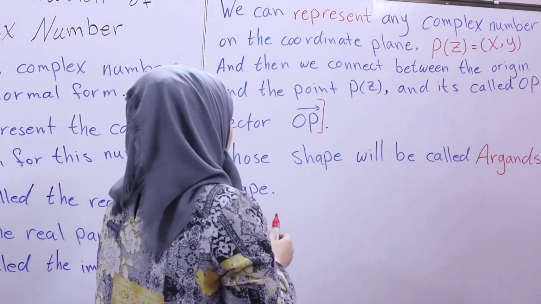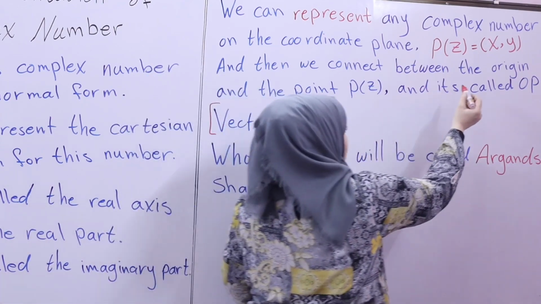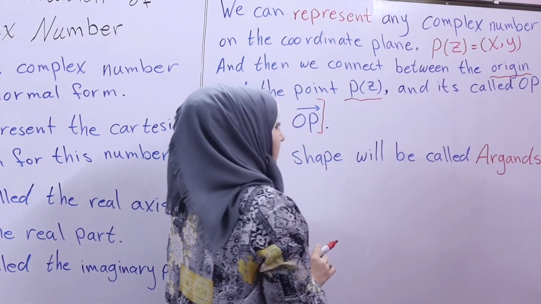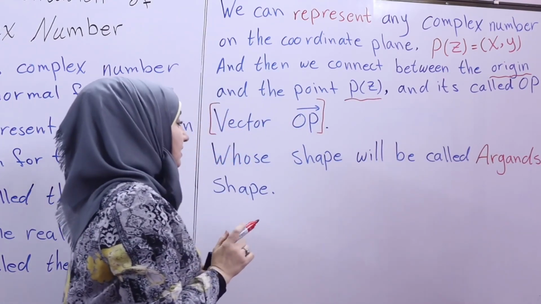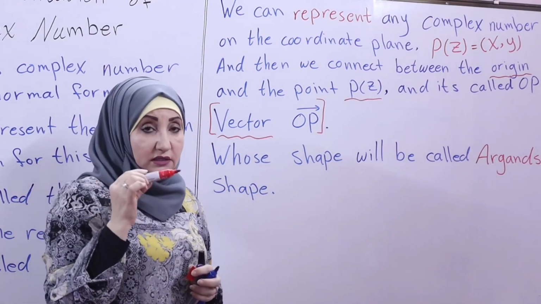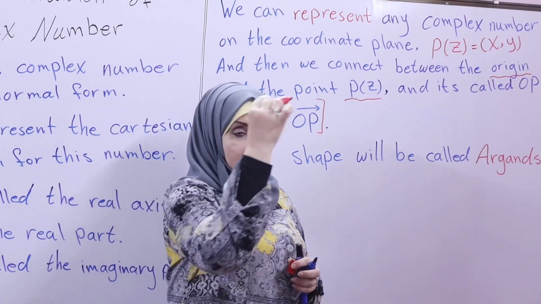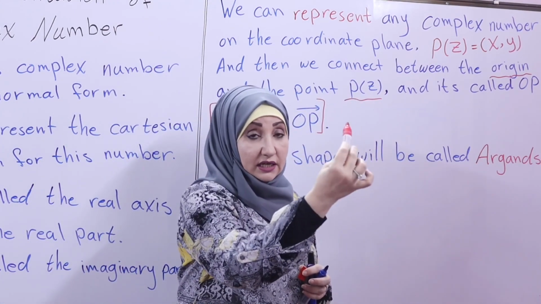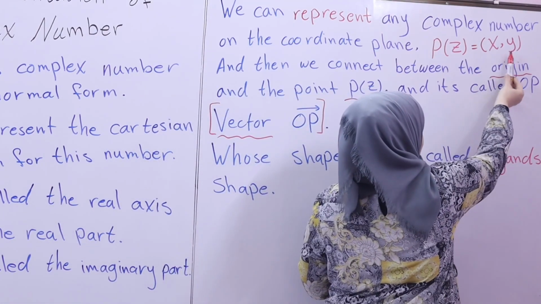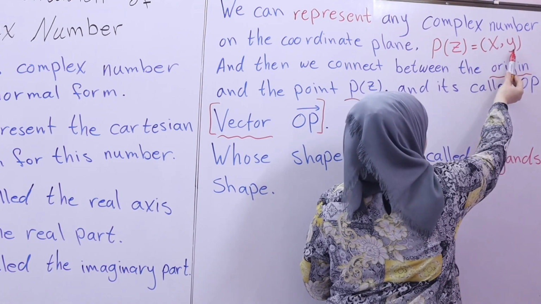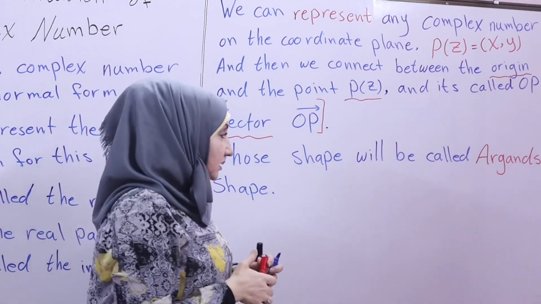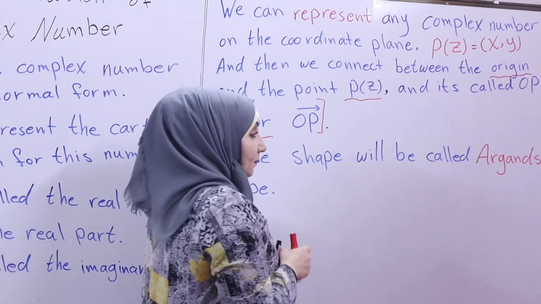And then we connect between the origin and the point P of Z, and it's called OP since OP represents a vector. إذا أوصل من نقطة الأصل إلى النقطة P اللي تمثل العدد المركب، زوج مرتب X Y، الجزء الحقيقي والجزء التخيلي. إذا أوصل بين نقطة الأصل وهذه النقطة راح يصير عندي متجه، المتجه OP.